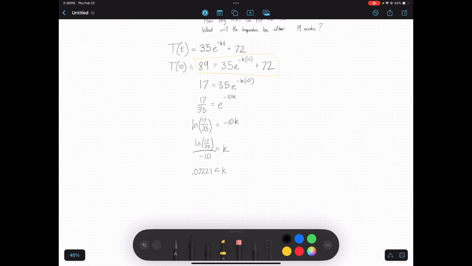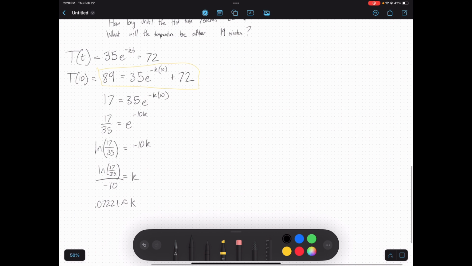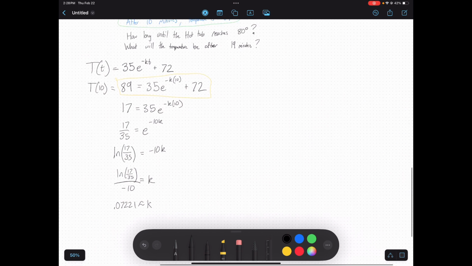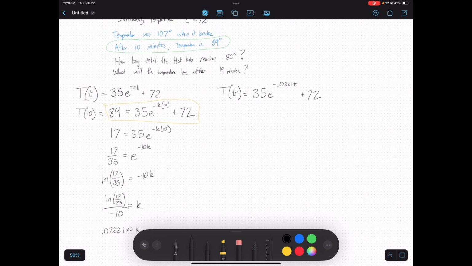Okay. So, with that, now that I've found my K, I now have a full formula here. 35 e to the negative 0.07221 t plus 72. And with that full formula, I can now answer these two questions. Let's start with the second one, actually, because this one's a little bit easier. What will the temperature be after 19 minutes?